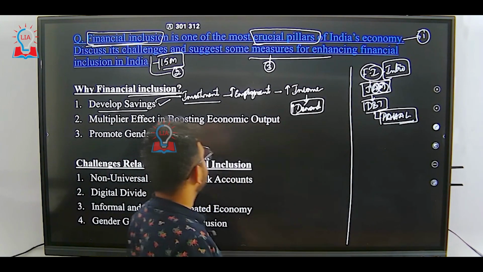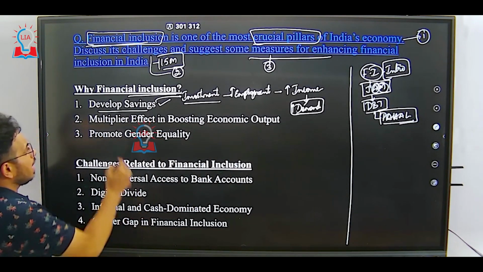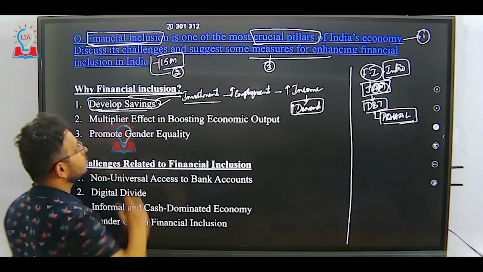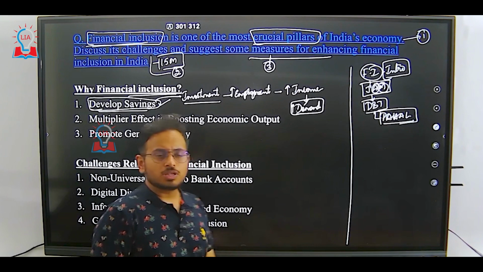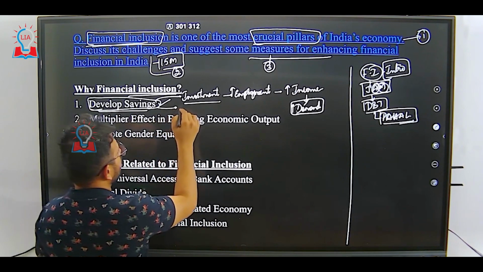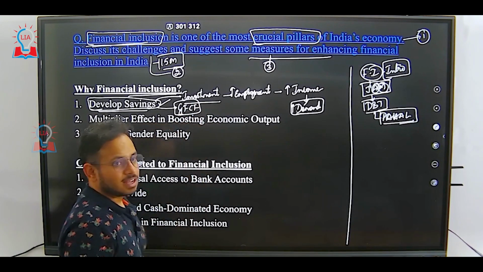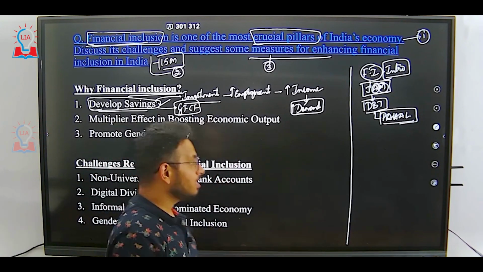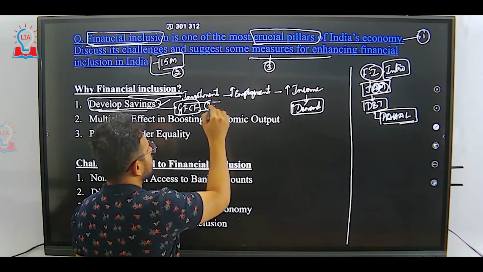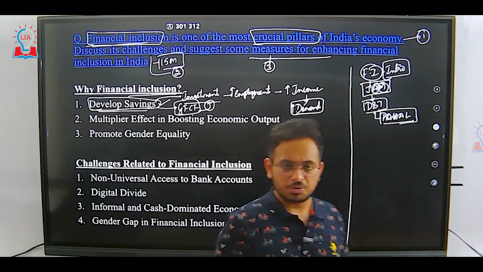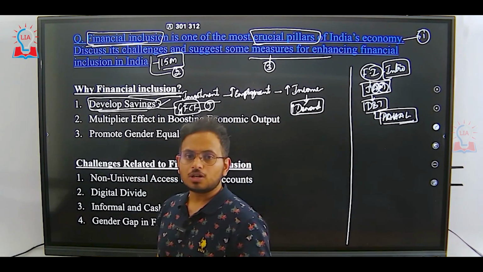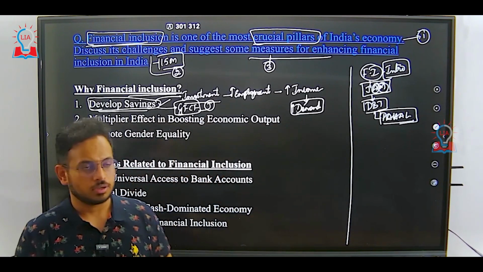This is why having financial inclusion and developing savings is very important for an economy. This savings, in economic terms, we call GFCF, that is gross fixed capital formation, which is nothing but the investment.